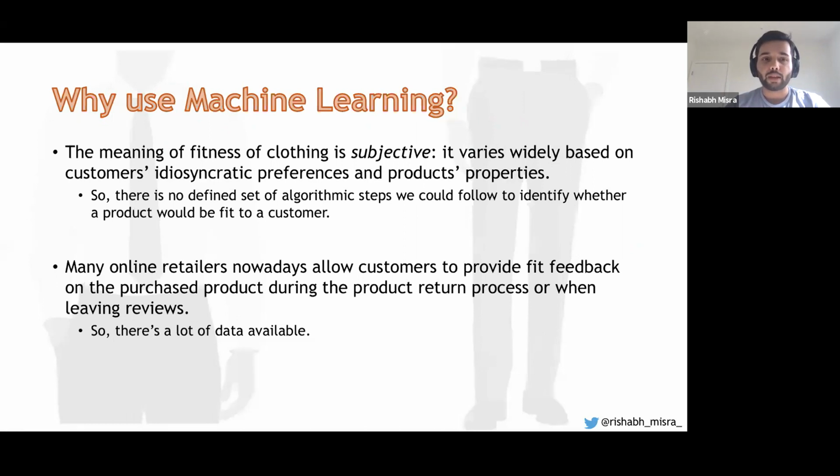For the same shirt, some people like their clothes to be more form-fitting, others like their clothes to be a little bit loose. So it's very subjective and differs across customers. There is no set of algorithmic steps we can take to determine whether something is a fit or not. So that's the first point.